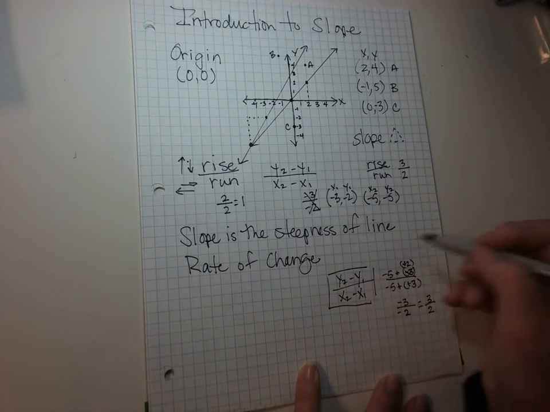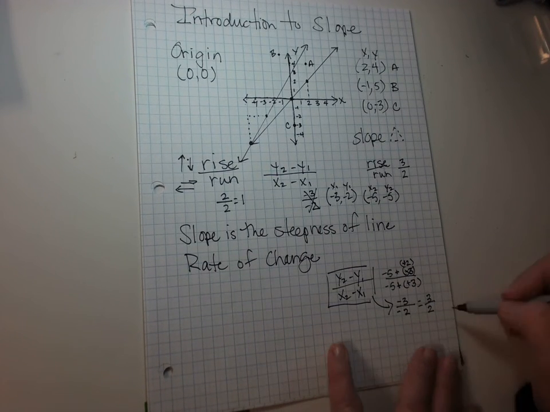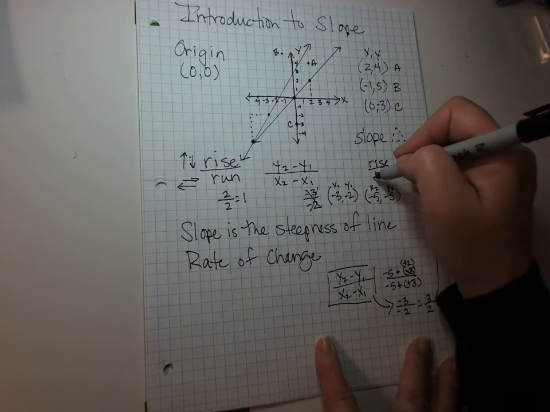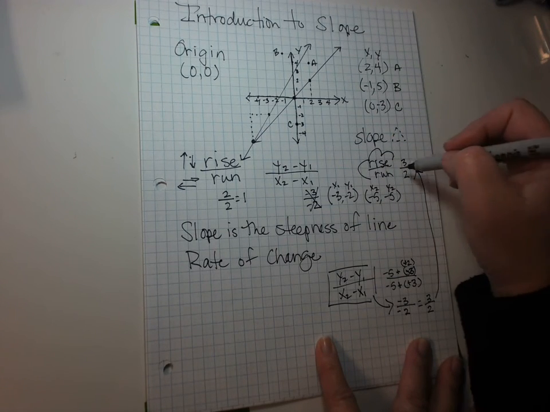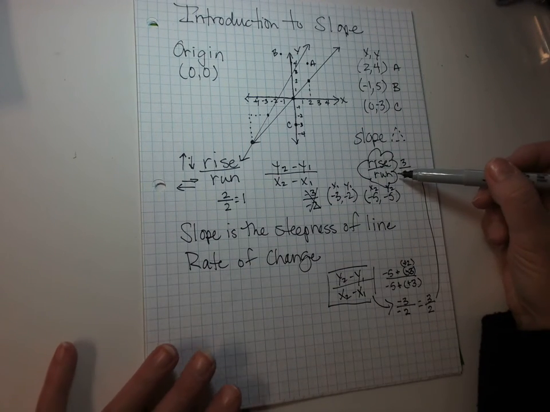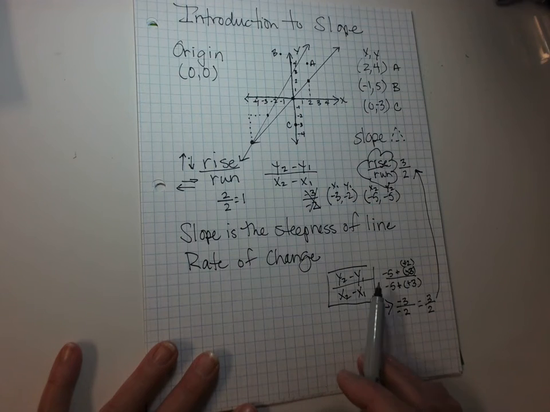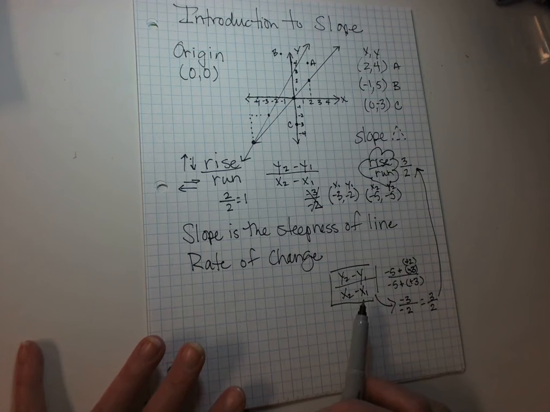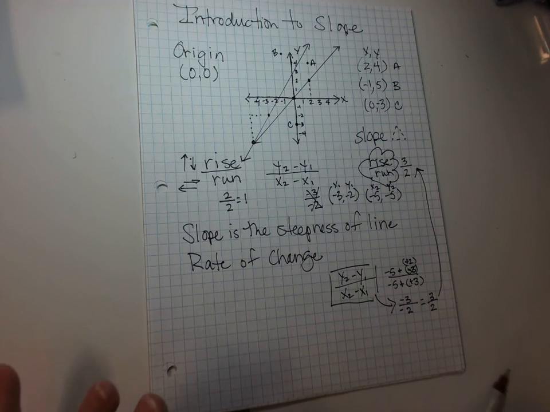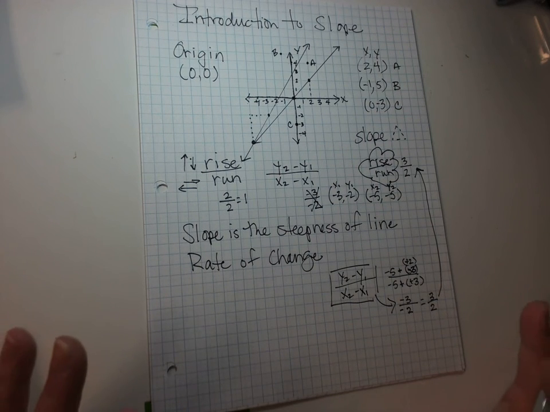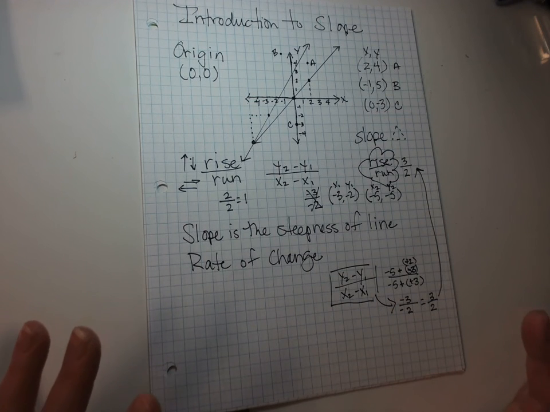This gave us this, which is the same thing as this. So our rise over run gives us the same information as y2 minus y1 over x2 minus x1. So those are our slope formulas. That is what I want to give to you in our introduction to slope.